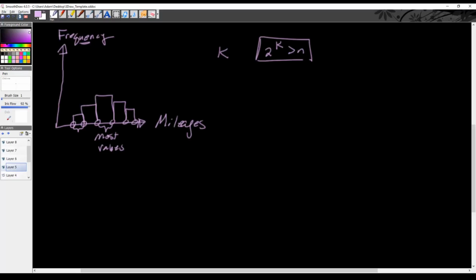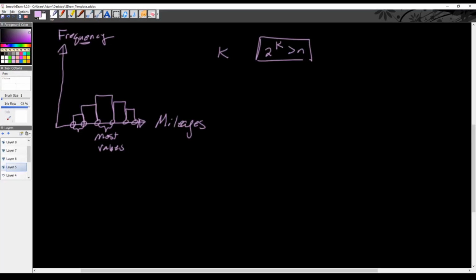The number of intervals or bins on the horizontal axis, the number of bars chosen, should be the smallest integer k, such that 2 raised to the exponent of k is greater than n, where n is the total number of observations.